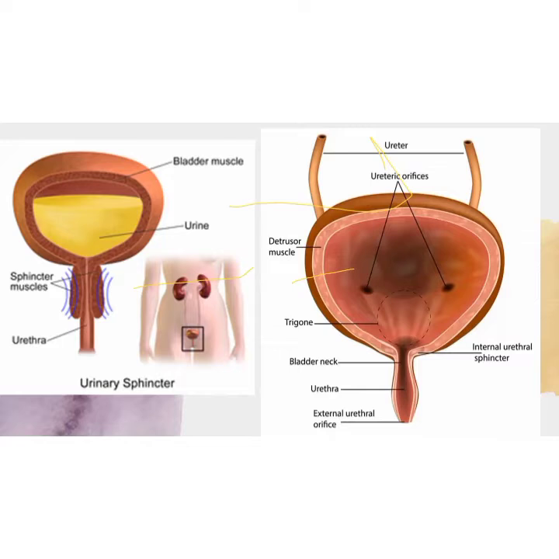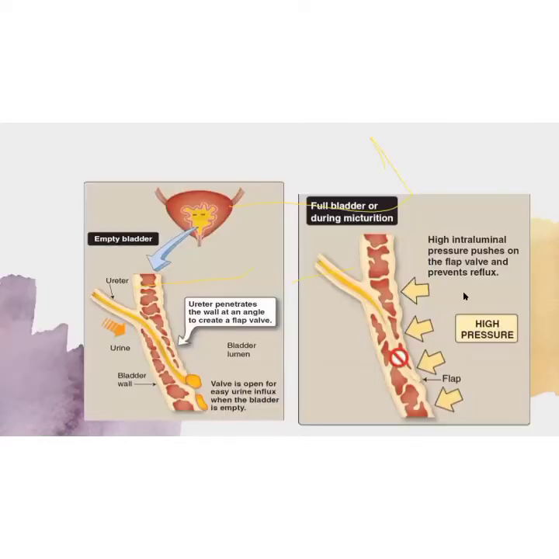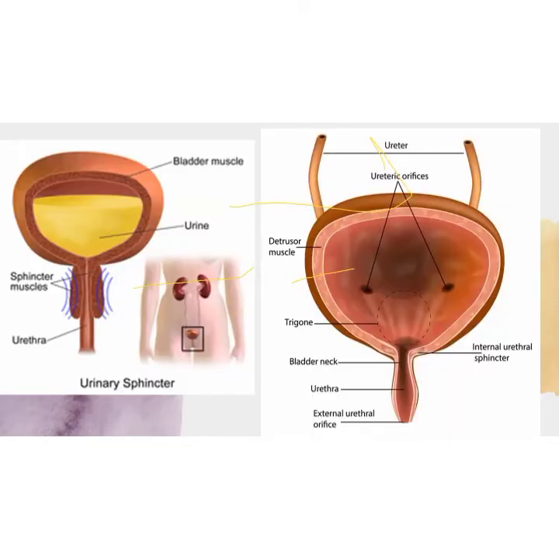So the ureters open at the two angles of the base of the trigone. The gap between the two ureters, when the bladder is empty, is about 2.5 centimeters. In a distended bladder, that is, when it is filled with urine, it is about 5 centimeters apart.